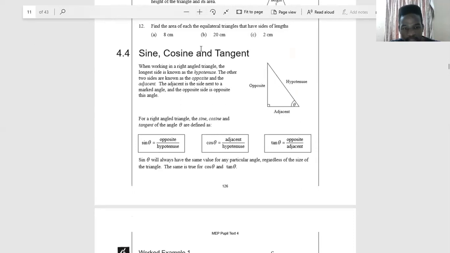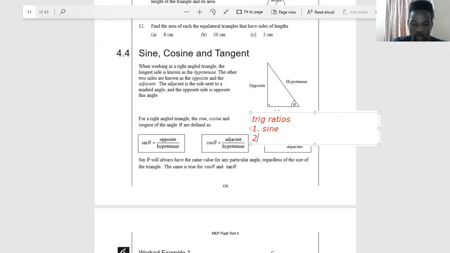We have trig ratios. Three trig ratios. The first one being sine, the second one being cos, but in full it's cosine.